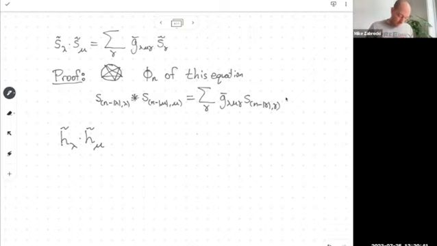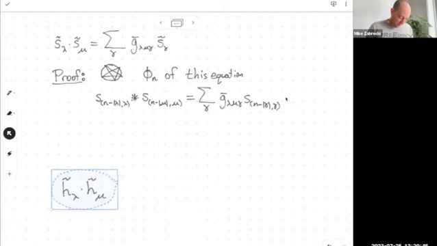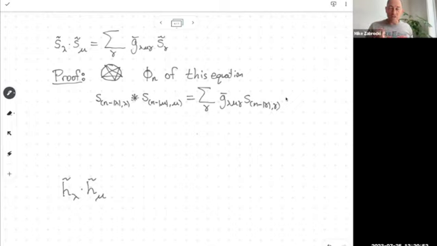Well, let me move this down a little bit. I'm going to set up a little bit of notation. So remember that an H tilde lambda occurs in our expressions as a multiset partition. So let's let it represent a multiset partition.